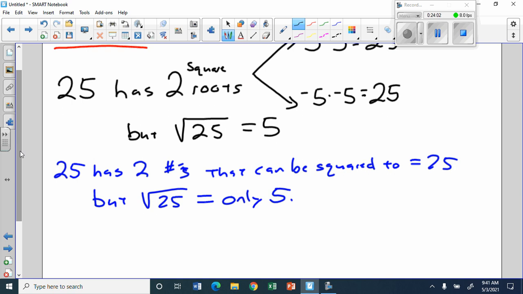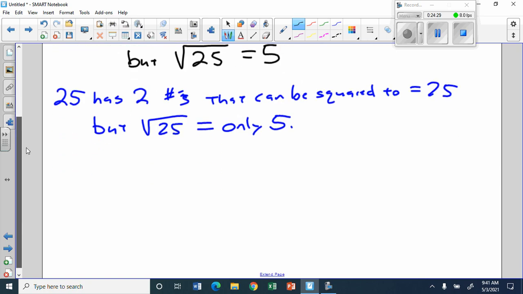740. On page 740, it says the perfect square of 25 has both positive and negative square roots, 5 and negative 5, because 5 times 5 is 25, and negative 5 times negative 5 is 25. So the equation x squared equals 25 has 2 solutions.